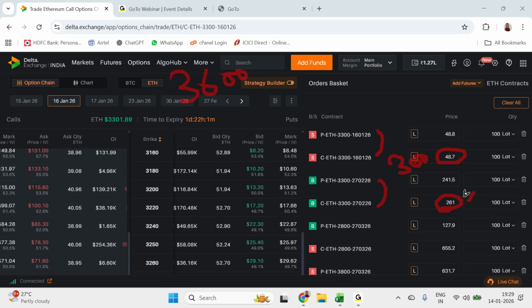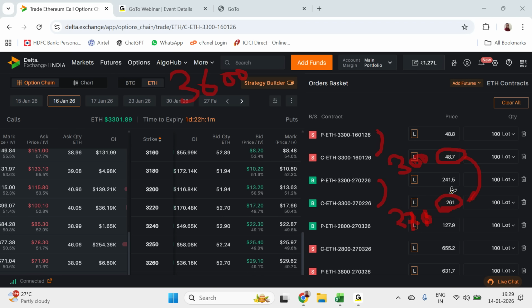But the difference of 220 points which it is maintaining now will not be maintained if it goes to 3600. This spread difference, 261 minus 49, so 210, 211 points of debit it is showing now.